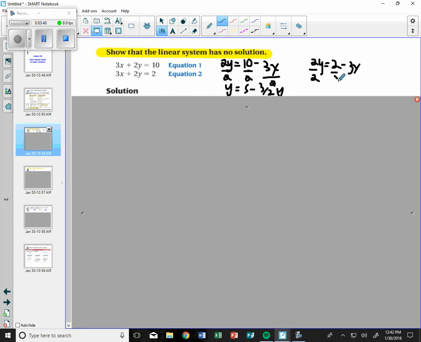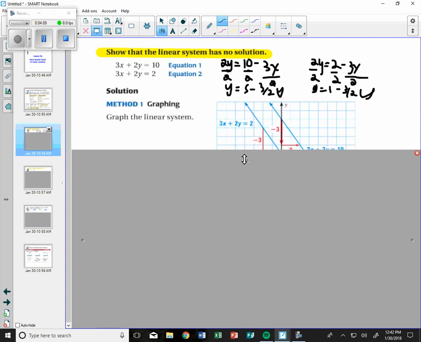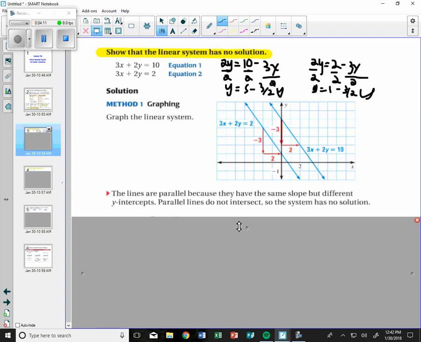So right away you should notice once I have y equals 1 minus 3 over 2 x that my slopes are the same. Because my slopes are the same, it means automatically that my lines are going to be parallel, meaning that they are not going to have a solution.